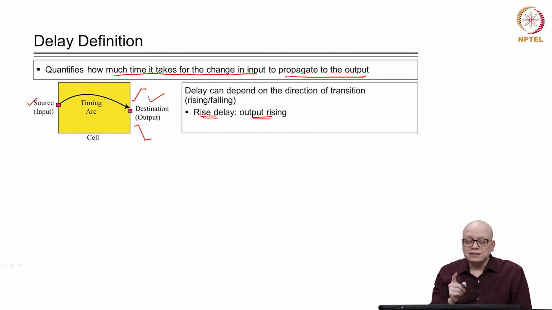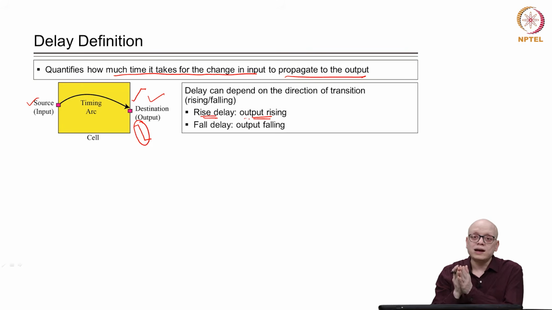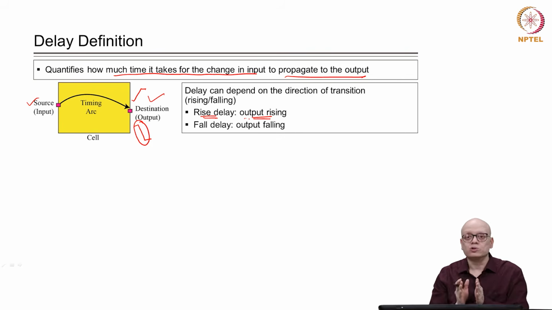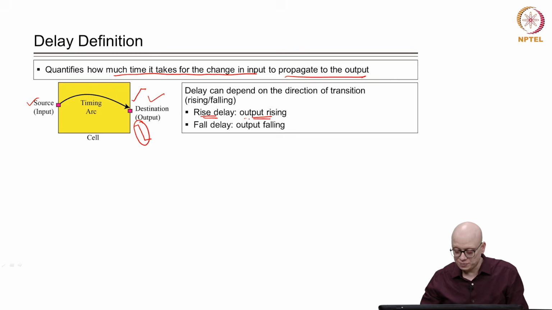Note that the rise delay is with respect to how the signal is transitioning at the output, not at the input. So, rise delay is output rising and fall delay is output falling. The convention is that we define a delay arc based on the transition at the output of the arc, not at the input of the arc.